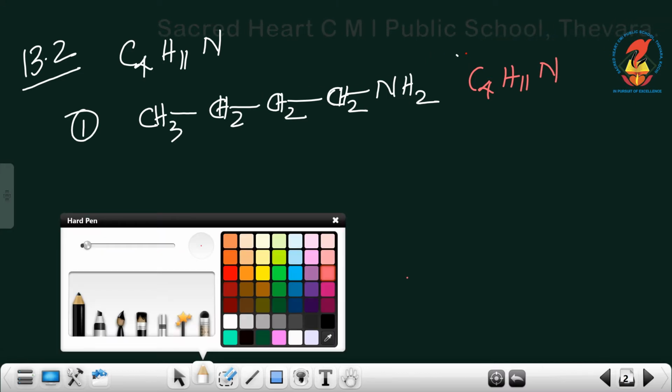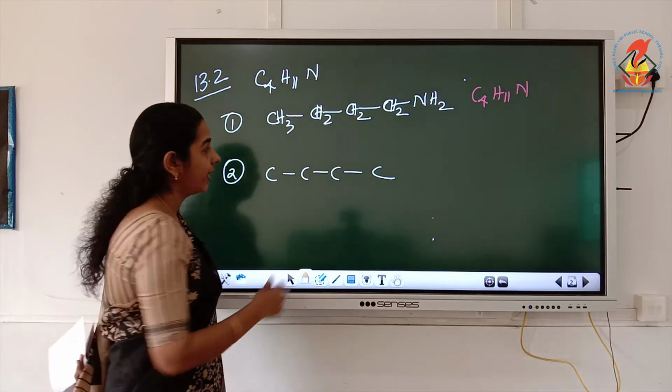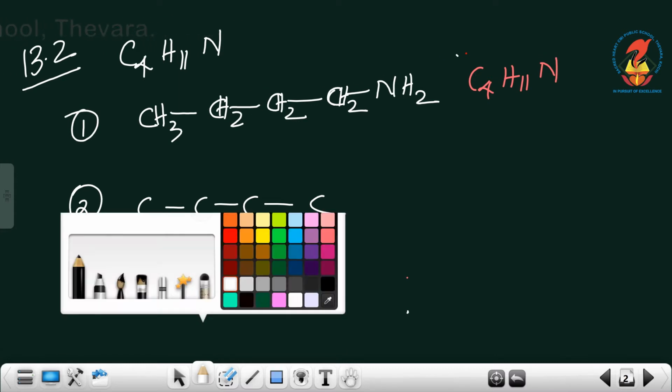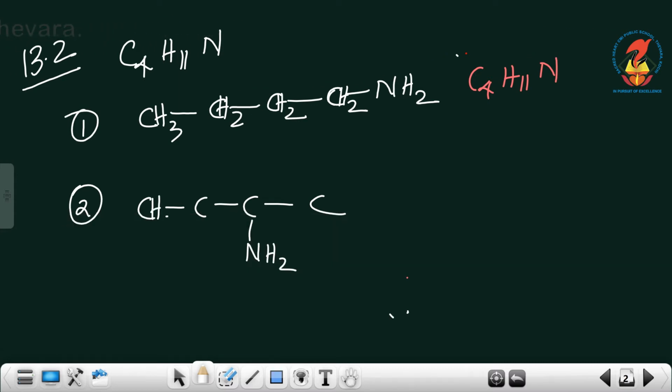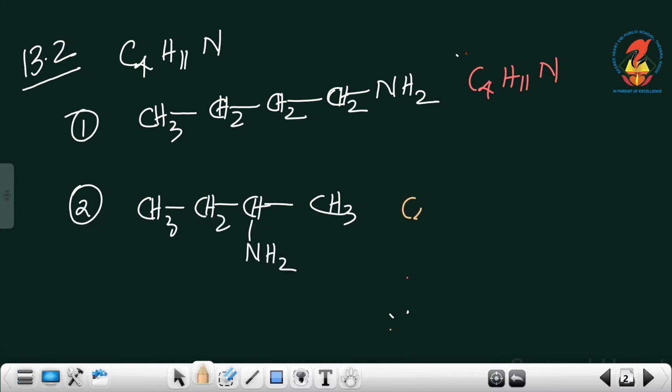Now the second possibility is again a 4 carbon atom straight chain, and I am changing the position of the amino group. I am attaching the NH2 group on the second carbon atom and giving the hydrogen atoms, CH3, CH2, CH. Again we are getting the same formula, C4H11N.